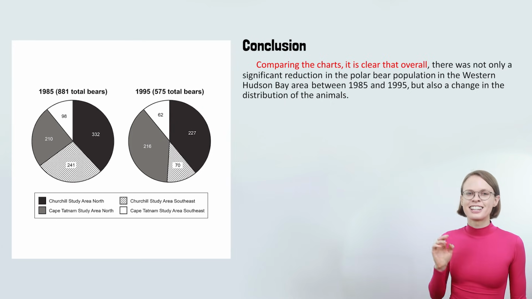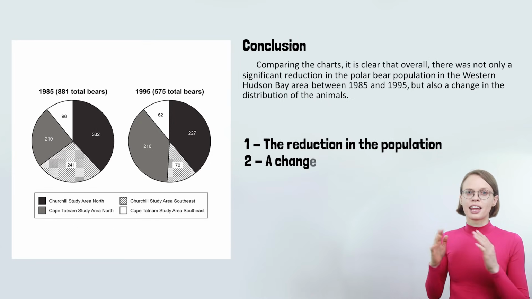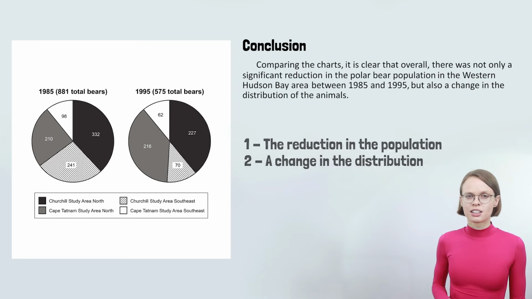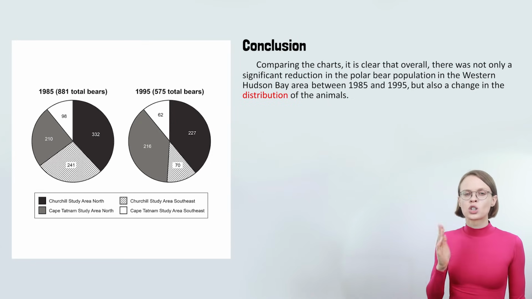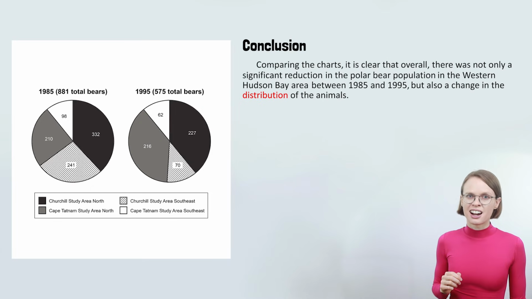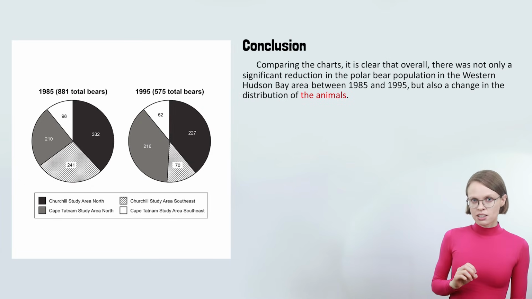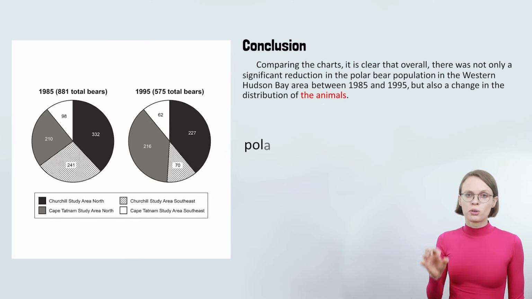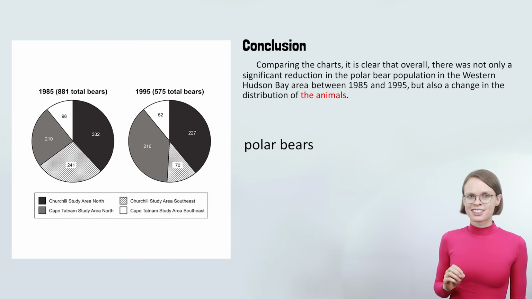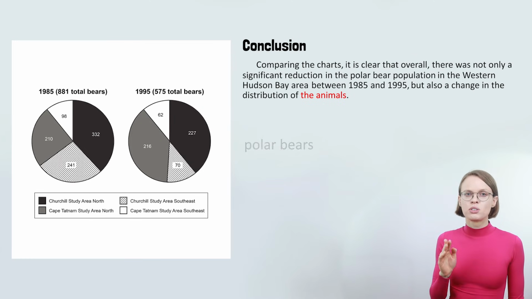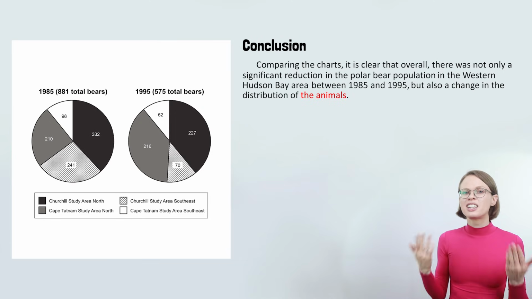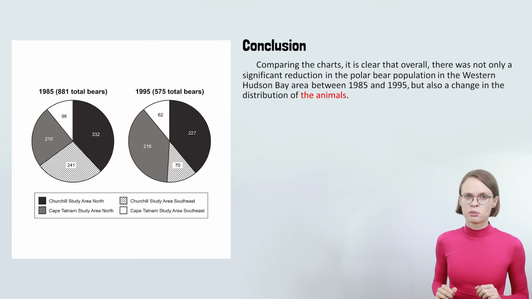Comparing the charts, it is clear that overall. I then summarize the 2 main ideas, the reduction in the population and a change in the distribution. Distribution is a complex vocabulary word I added to show off my language skills. The animals eliminates repeating polar bears. I'm paying attention to the last sentence to leave the IELTS examiner with a good impression of my writing ability.